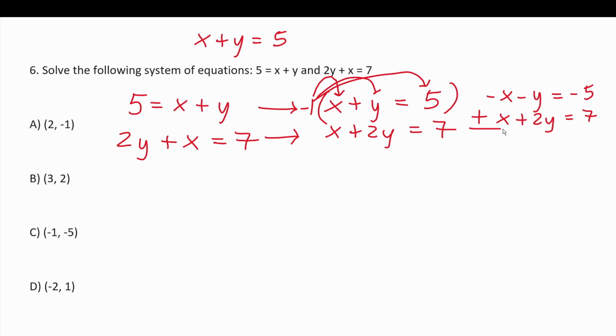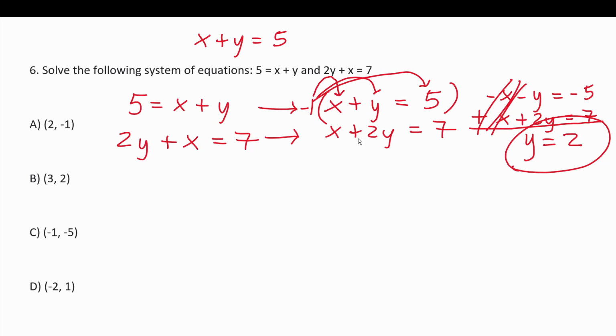And as I mentioned, we're going to add them together. And in doing so, we can see that negative x plus positive x is eliminated at 0. Negative y plus 2y is just y. And negative 5 plus 7 is 2. So we've solved this equation for y.